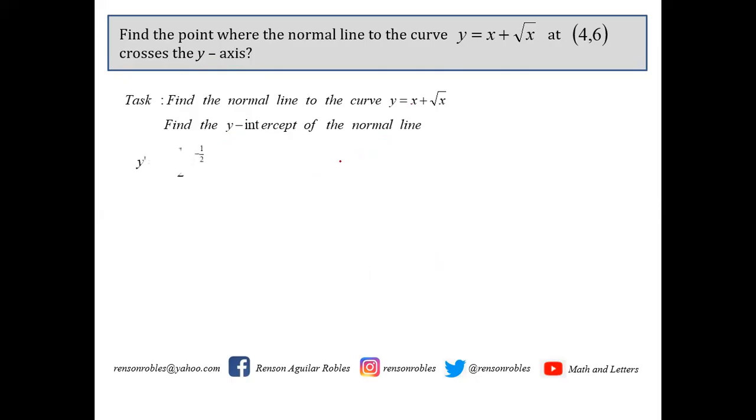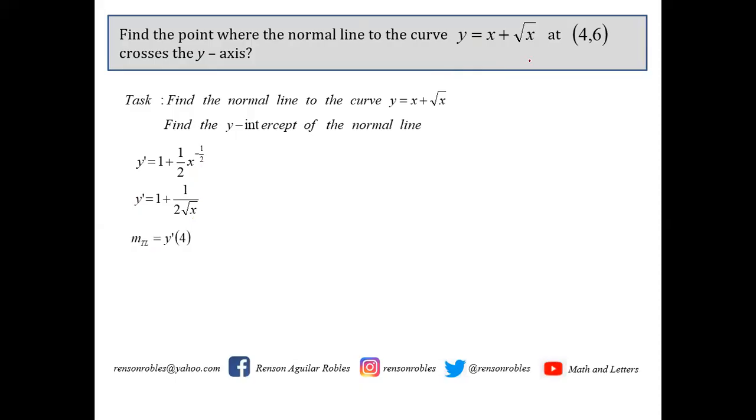Okay, so we first get the derivative of y equals x plus square root of x, and that leads us to y prime equals 1 plus 1 half x raised to negative 1 half. That's the derivative of square root of x. Or y prime equals 1 plus 1 all over 2 times the square root of x. And we know that this y prime will give us the slope of the tangent line.